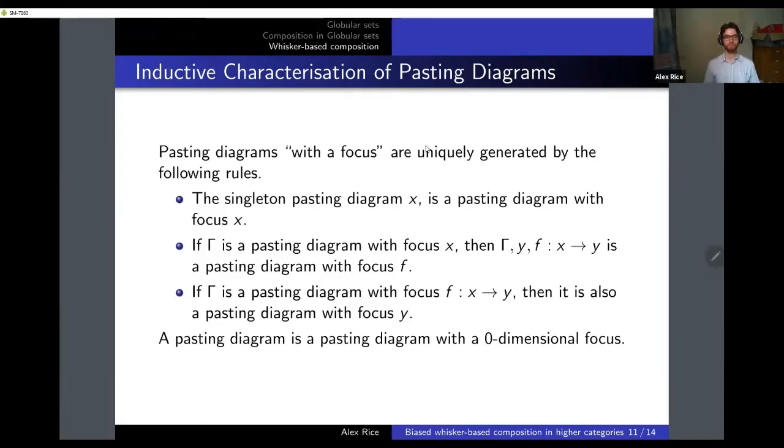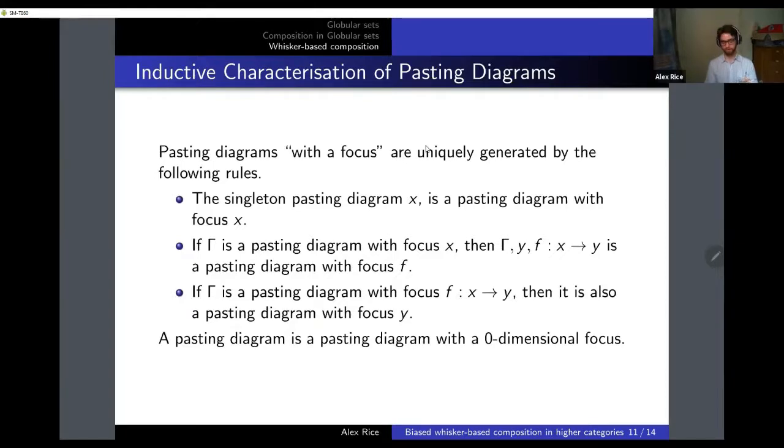And luckily there's this nice inductive characterization, which at least the first time I saw it was in a paper by Finster and Mimram. I'm happy to share that later. The idea is that we define inductively these pasting diagrams with a focus, and then we say a pasting diagram is something with a 0-dimensional focus.